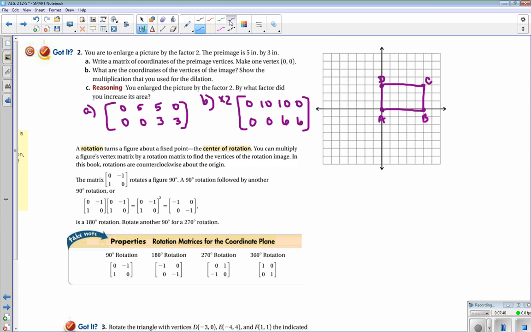So let's find where that lives. We still have (0, 0). We now have (10, 0), and then (10, 6), and then (0, 6). This is A prime, B prime, C prime, and D prime.